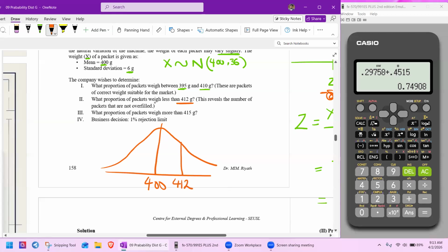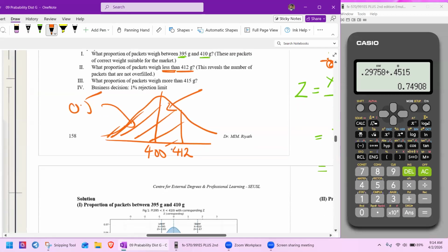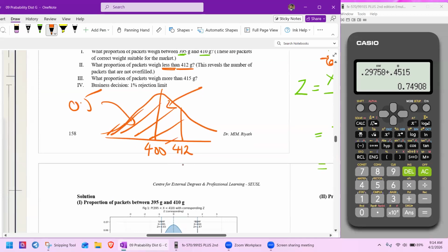The proportion of packages weighing less than this is this area. We know this area is equal to 0.5 and we have to find this area, but anyhow we have to standardize the value to use the normal distribution table. Here this is 0 and we have to find the standard value z.